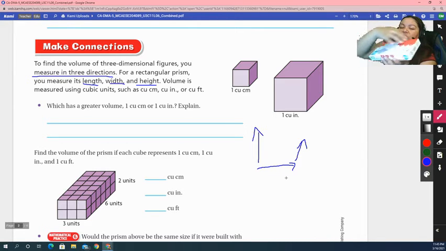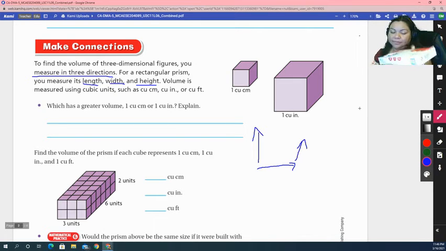In addition to finding the area, you then look at how high it is. That's what makes it different from two-dimensional figures to three-dimensional. When you have three dimensions, you have one more measurement, which is height. In this case, height was like the thickness of this envelope box.